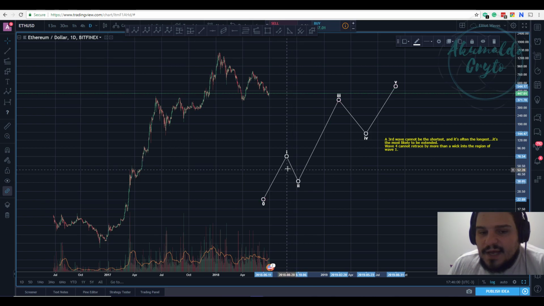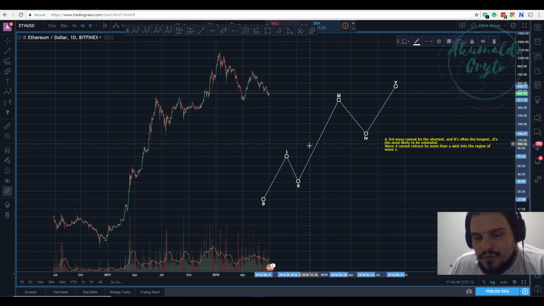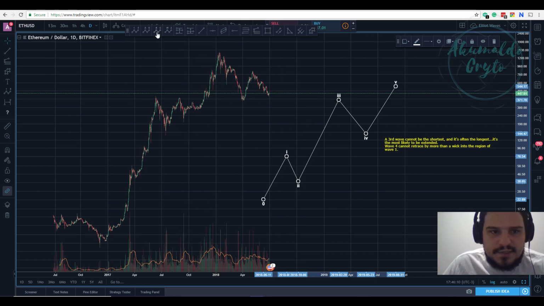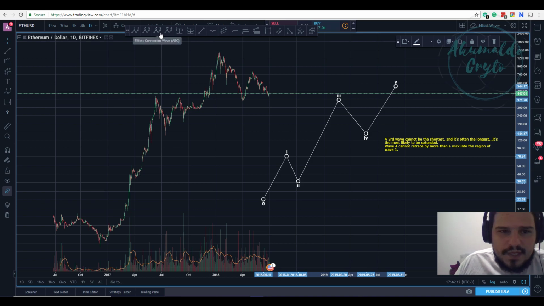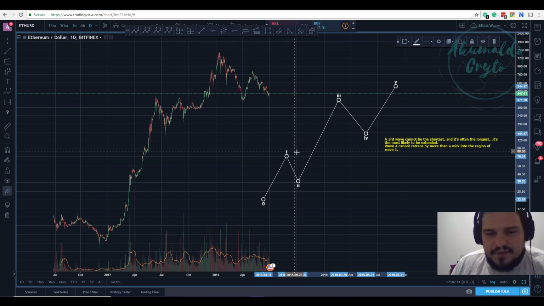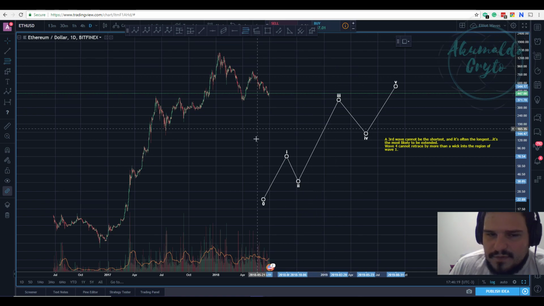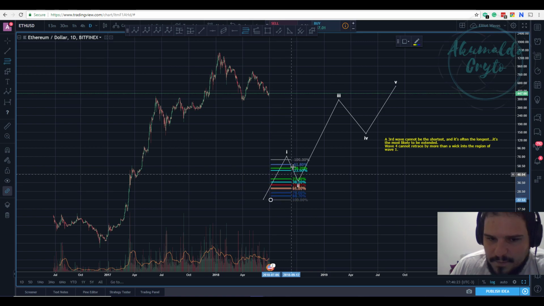We are gonna have an ABC, 3-wave pattern inside of wave 2, but I'm not gonna cover the ABC correction pattern, not yet. I'm not gonna talk about it, not now.